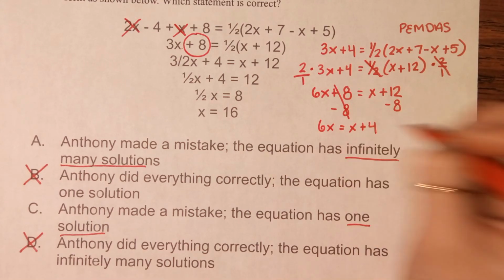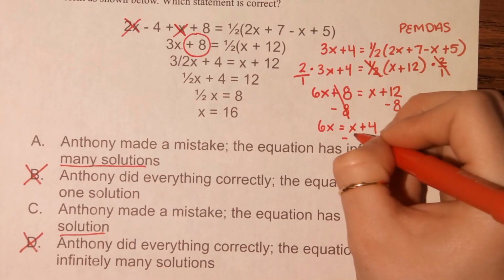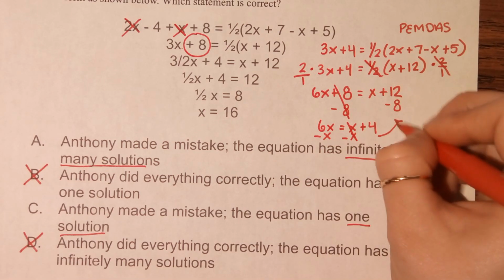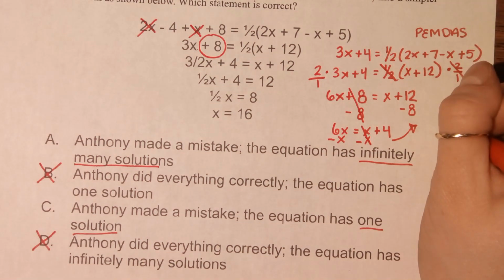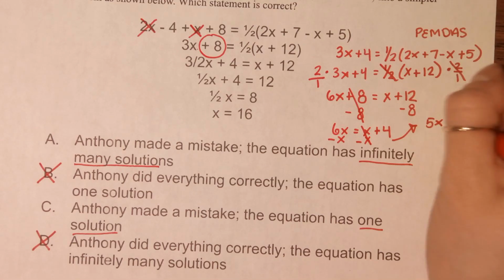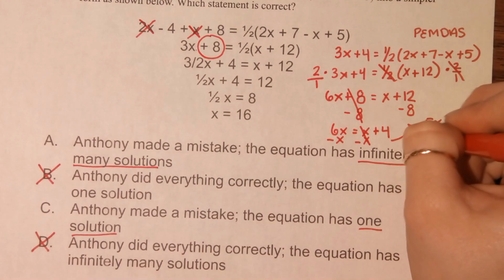And ultimately, I'm going to rewrite that over here. 6 minus 1 is 5. So we have 5x equals 4. And now we want to divide. We divide both sides to get it alone. And so naturally we get x equals 4 over 5.